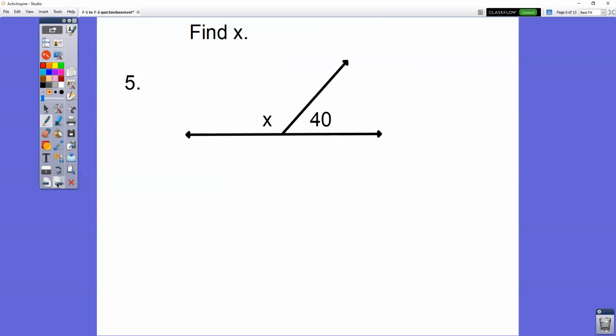Identify what type of angles they are and find x. So these are supplementary angles. Supplementary angles take a straight angle and divide it into 2 pieces.